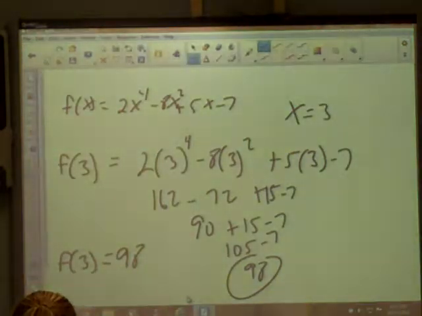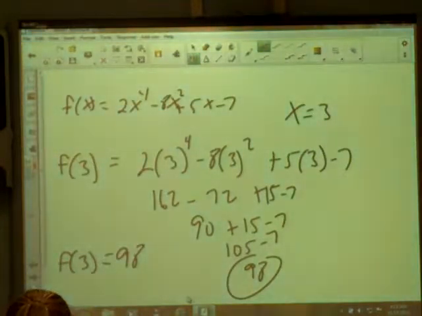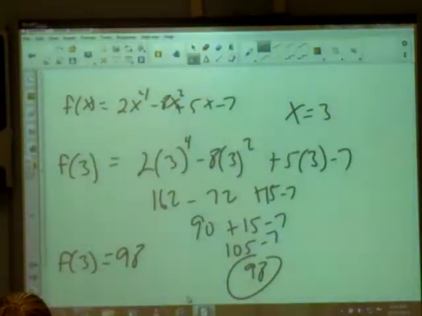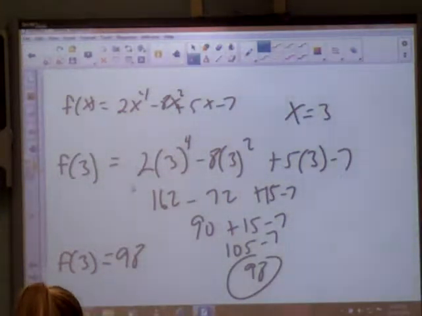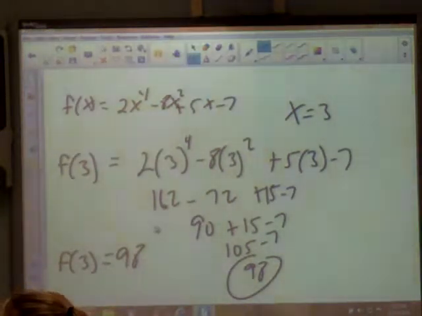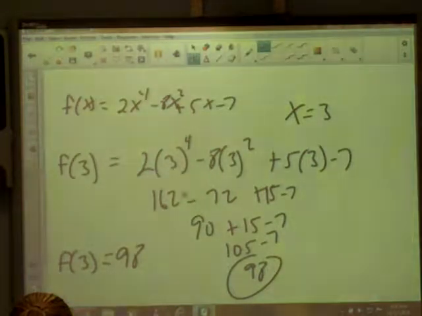How'd you get 162? 3 to the 4th times 2. Remember, order of operations, power comes before multiply, so you do 3 to the 4th first. If the whole thing had been in parentheses, I would have done it differently, but just that 3 gets the 4th power.